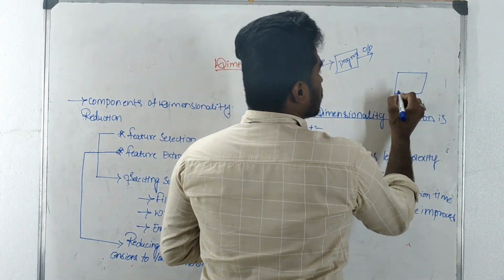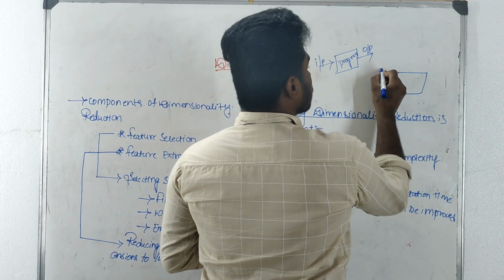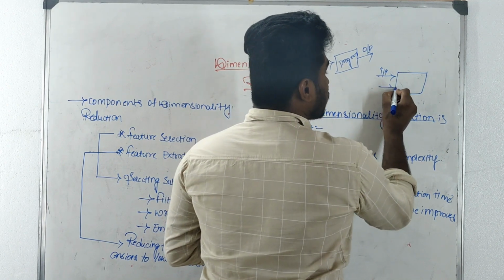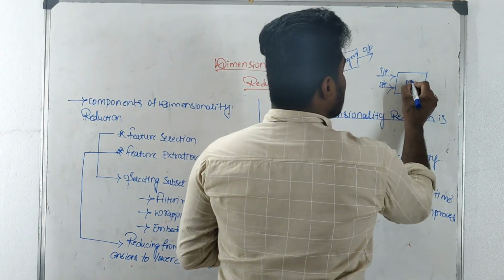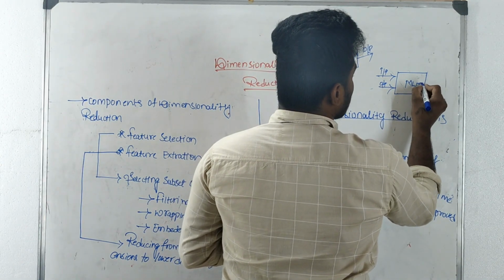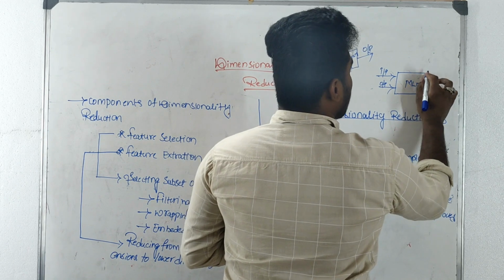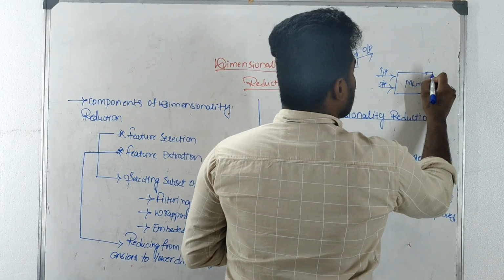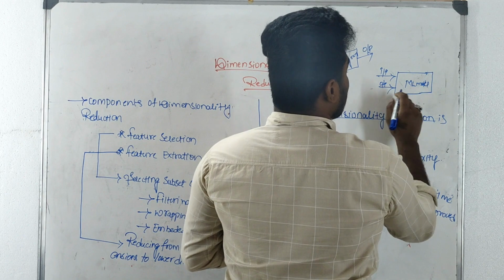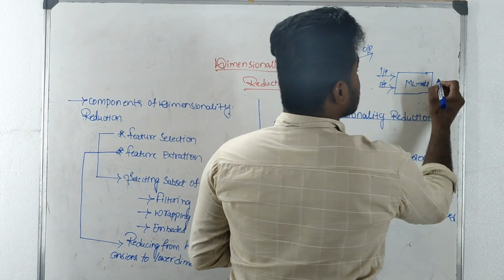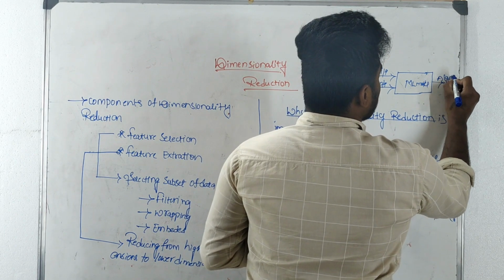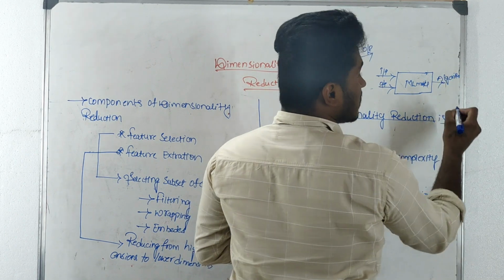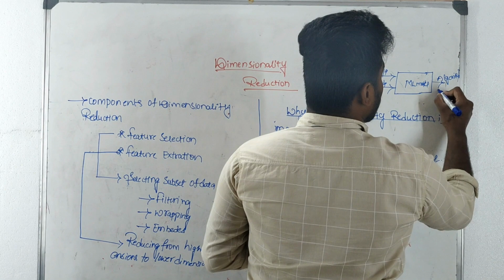Here we give the input as well as the expected output. So this machine learning model, from this input and this output, is going to produce an algorithm, or it might be a program.